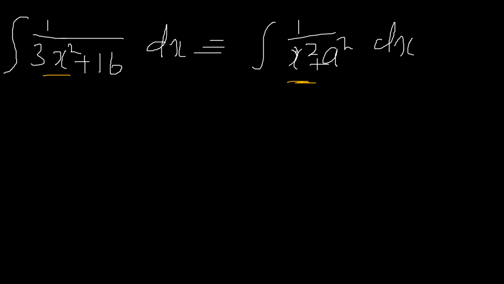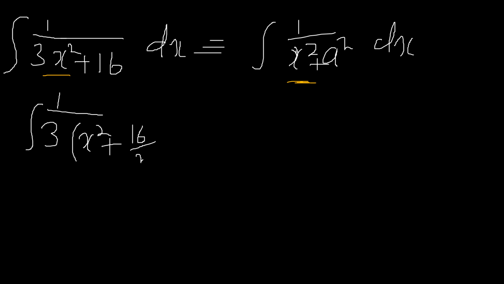We don't want to see 3 there. So we have 3 times x squared plus, of course, 16 over 3.